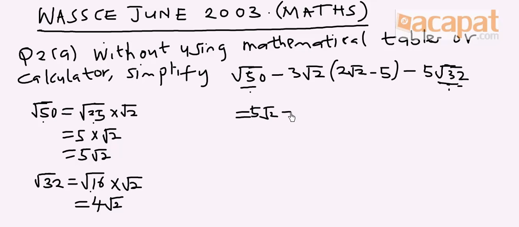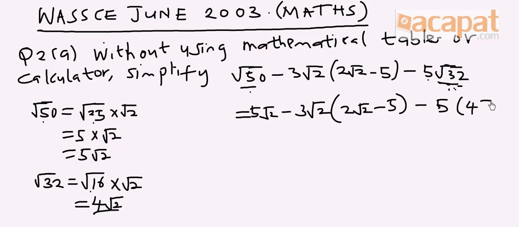I have minus 3 root 2, or bracket 2 root 2 minus 5. So what I have here is minus 5 here. Square root of 32 here is equivalent to 4 root 2. So I have 4 root 2.